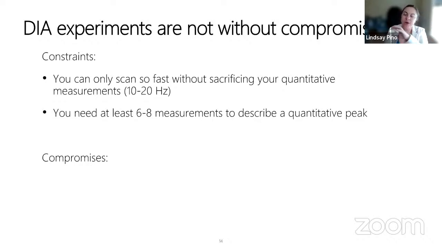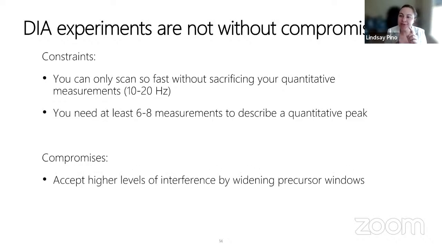Related to this, in order to get enough points across the peak for a chromatogram to be good, precise, accurate quantification, you need at least 6 to 8 measurements. So you can see how those two play into each other. If you need at least 6 to 8 measurements, but your instrument can only make so many measurements a second, you have to do some math to figure out the best way to run your instrument.